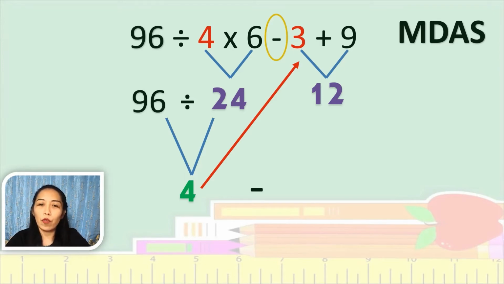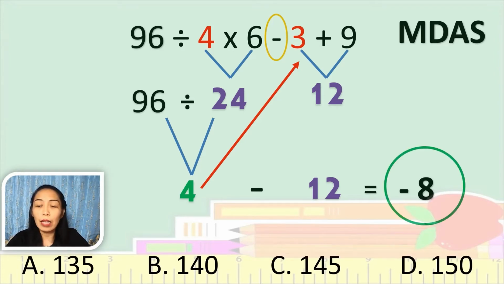So 4 minus 12. Let's bring down the 12 there. And how much is 4 minus 12? Negative 8. Let's see if our answer is correct. Our answer is negative 8 using MDAS.